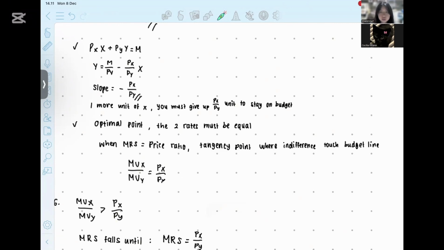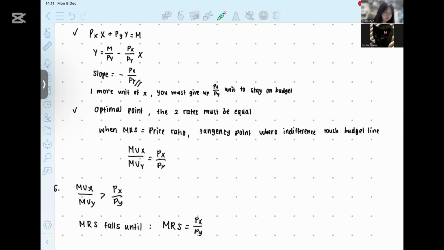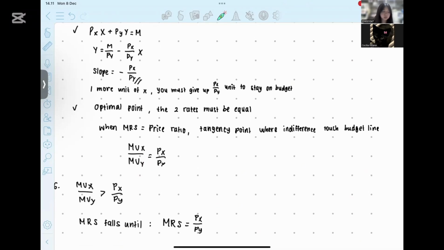Use the constrained utility maximization condition to show that at the optimal point, the MRS equals the relative price ratio. So we know that the MRS equals MUx per MUy, and this shows our personal trade-off, like how we value x versus y, and the price ratio is px per py, which is the market's trade-off rate.